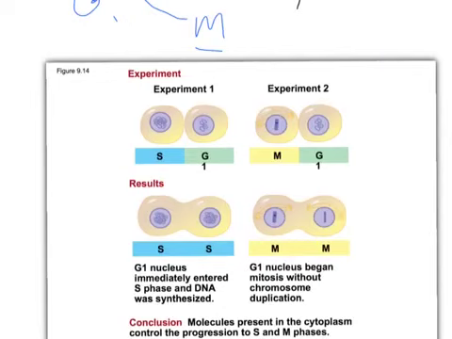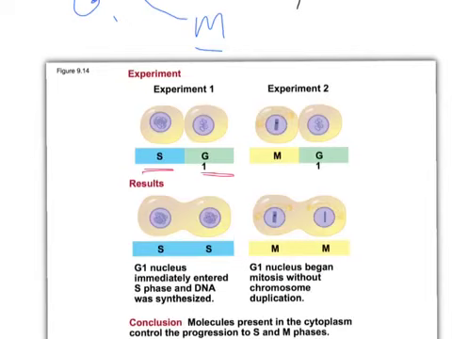Researchers could take a cell nucleus. All right? A nucleus from a cell that was in S phase. Okay? And a cell that was in G1. What's the difference of what's happening in those cells? What's happening in S phase? DNA is being synthesized. Okay? What's happening in G1?